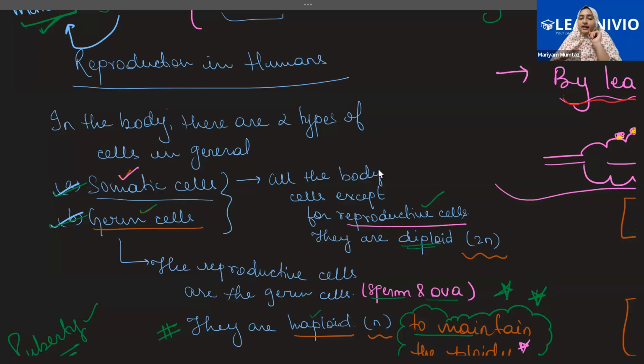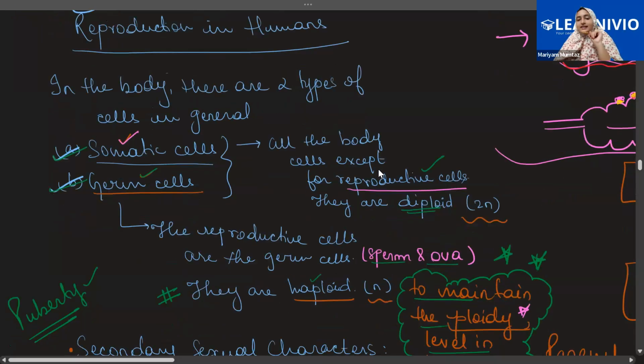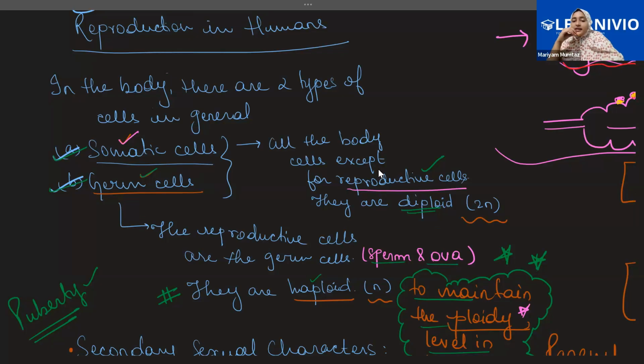Those cells that are involved in reproduction, we'll call them the germ cells, like sperm and ova. In humans, there is the sperm, which is the male germ cell or male gamete, and the ova, which is the female gamete.